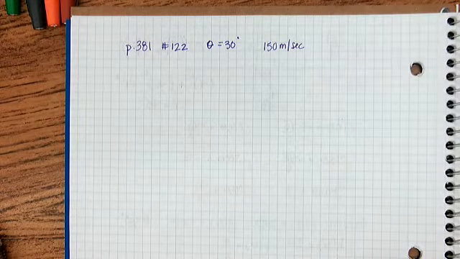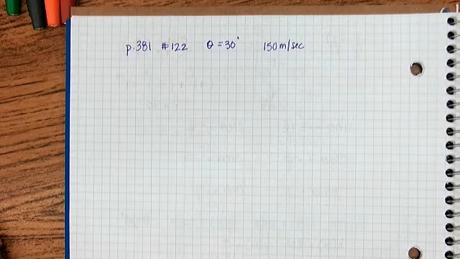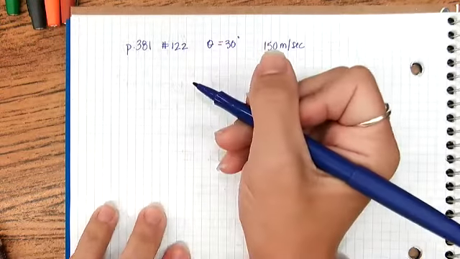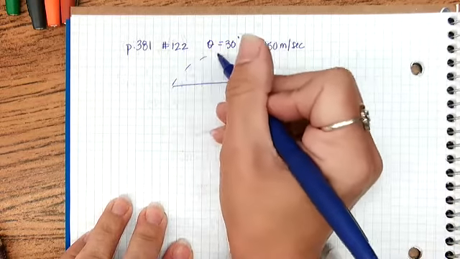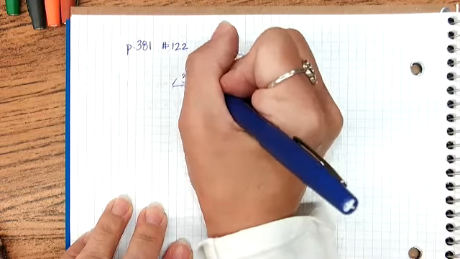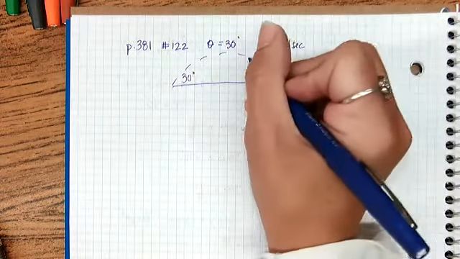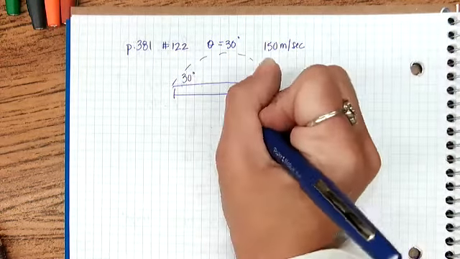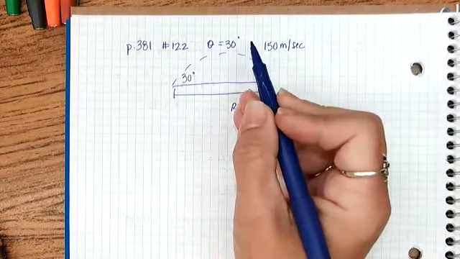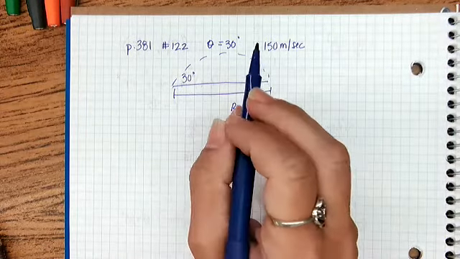If you look on page 380, the bottom of page 380, it gives you a couple formulas that are quite useful. And it says that the range of the projectile, that is the horizontal distance that the projectile travels. So we have this projectile, and here's the ground, and it is fired at 30 degrees. Eventually it comes down. I want to know how far is it from here to here, given that I'm shooting up at 30 degrees and it's going at 150 meters per second.